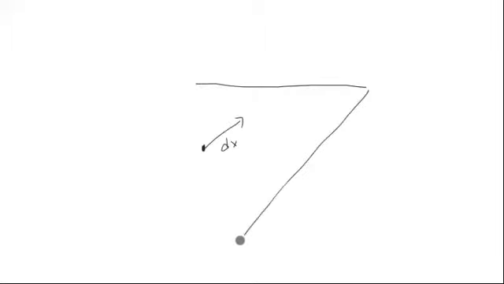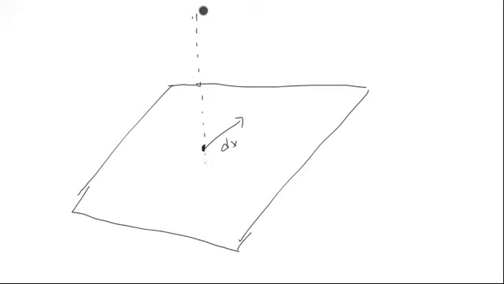I'm going to think of the change of x that I've just drawn, but think of it as happening in a flat sheet or a plane or something like that. And I'm going to think of the y-axis or y values as being vertical, so going up and down.